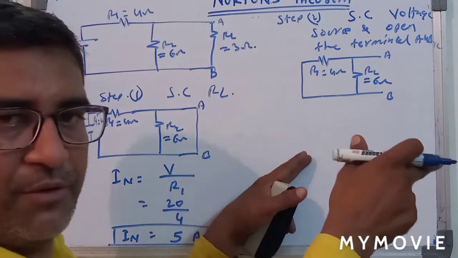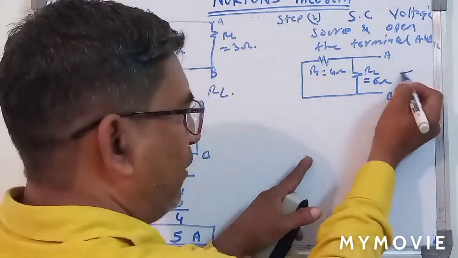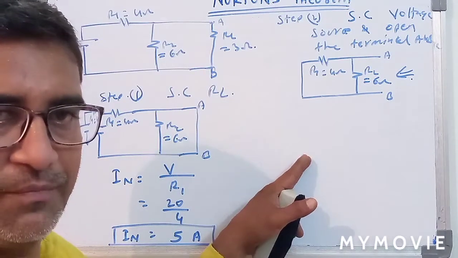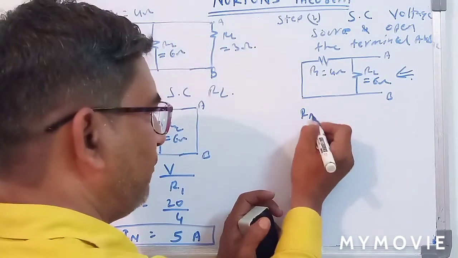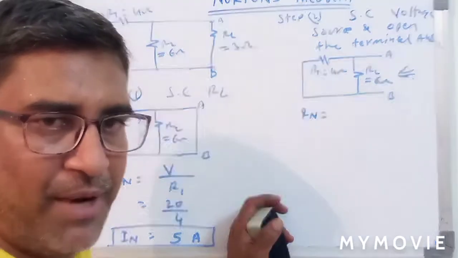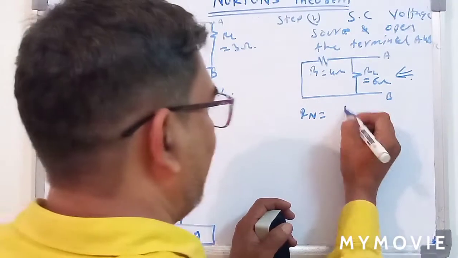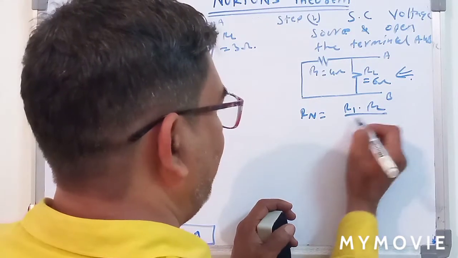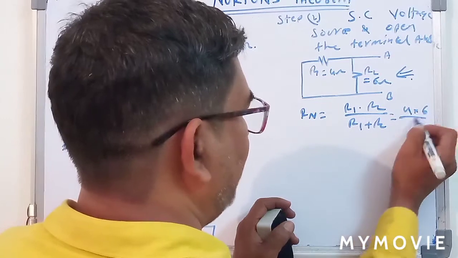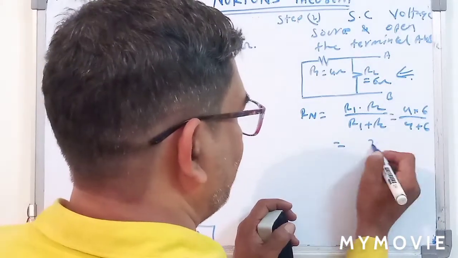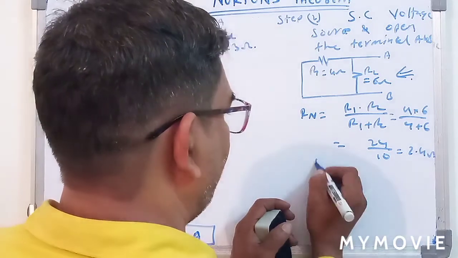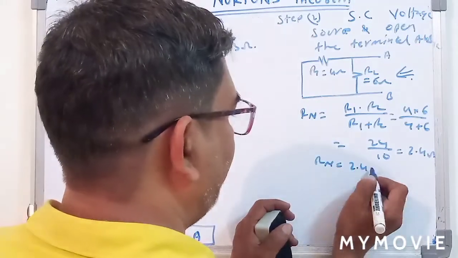Now observing from this side, we have the RN value, Norton's resistance. So what will be the Norton's resistance? The two resistors are in parallel. So R1 into R2 divided by R1 plus R2 is equal to 4 into 6 divided by 4 plus 6, so 24 by 10. It is 2.4 ohms. RN is equal to 2.4 ohms.